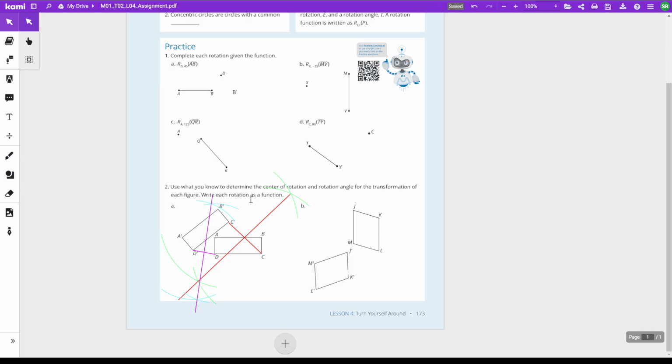And there. So we have a line going through those two intersections of the arcs that we made. And we have our perpendicular bisector. Okay, so now that we have that, and mine's a little off here, so I'm going to adjust it slightly.